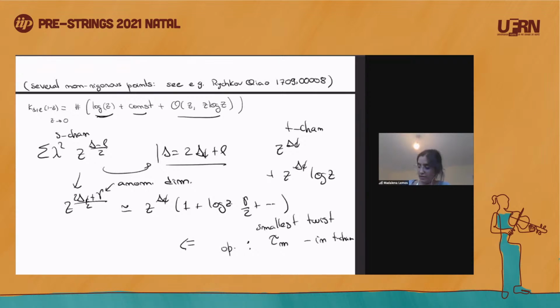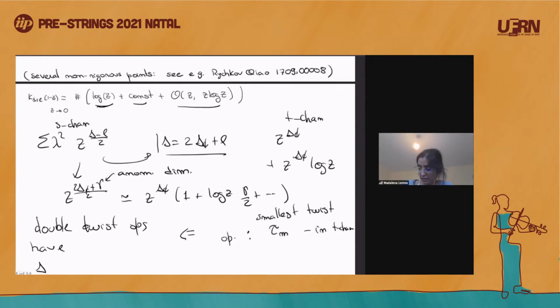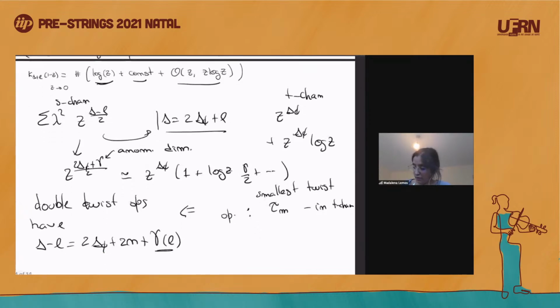This is then telling me that the double twist operators we discovered have dimensions that are 2 delta phi plus 2n plus some gamma that depends on L. And now you can compute this gamma from this information.